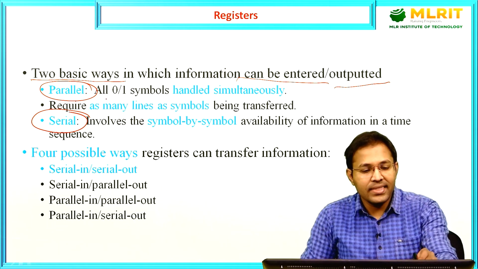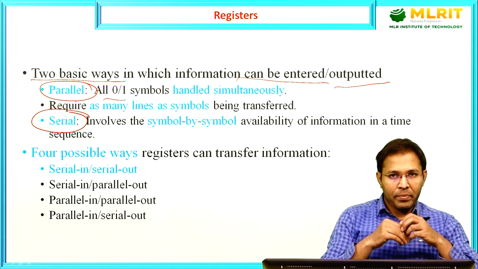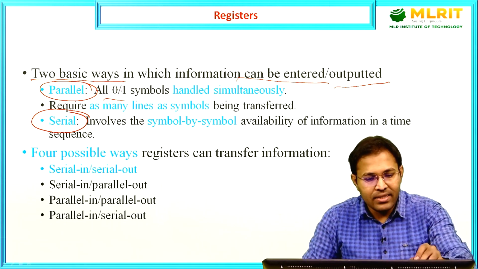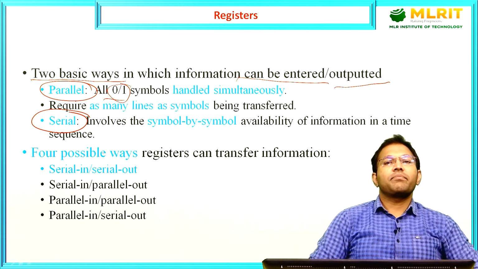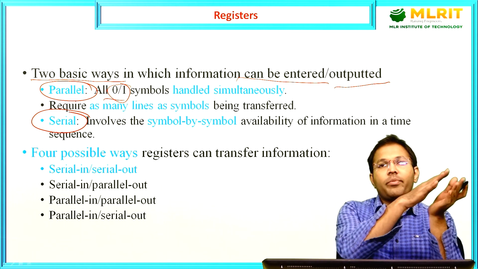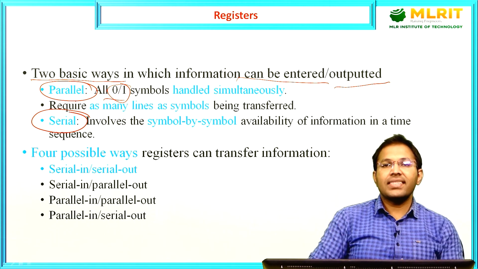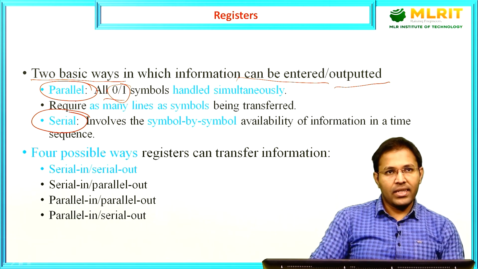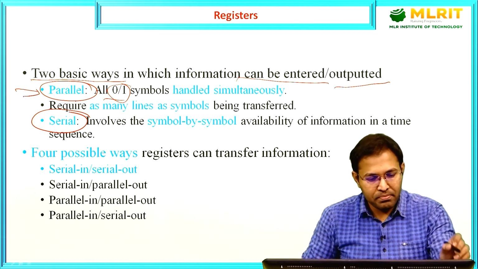All the symbols, now remember we are dealing with binary data, binary means it could be 0 or 1, so only 2 symbols, are handled simultaneously. Handled means it could be entered simultaneously or outputted simultaneously. Such a condition is known as parallel.